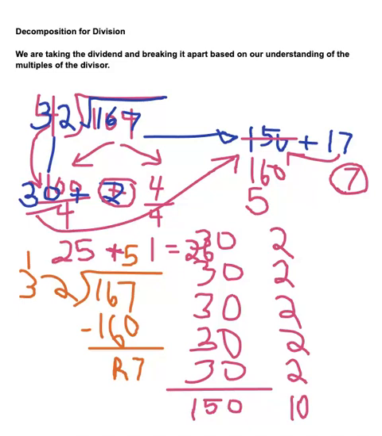I know that 2 times 5 gives me 10. 10 plus 150 is 160. And what's left over, that's the 7. Okay, that's why it works. It's based on this relationship between multiplication and division, understanding that multiplication is repeated addition. So that's why this type of decomposition for division works. But it is complicated in that you need to know your math facts pretty well.